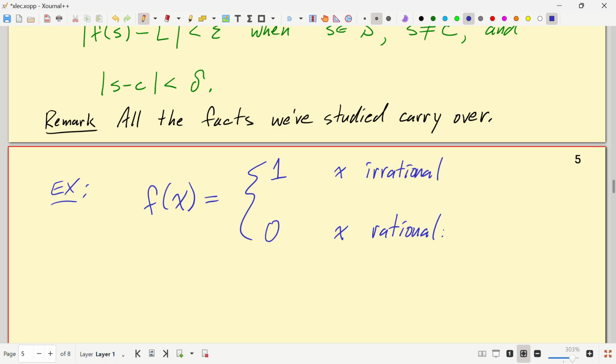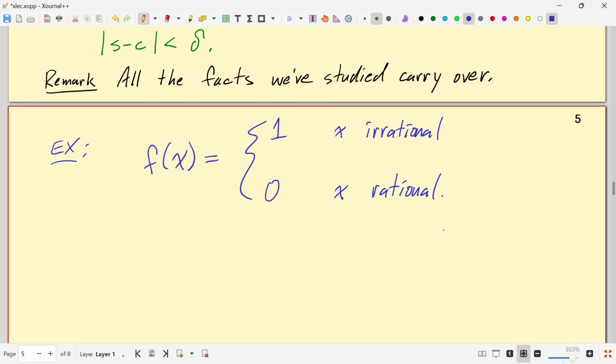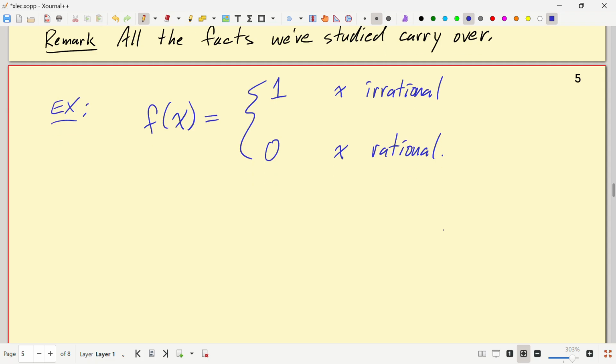And so you think of, well, that function is really just 1, and this being 0 on rational is no big deal. But this function is not continuous anywhere. And you can show the limit doesn't exist at every point. Let's do it. I'm going to use that divergence criteria.